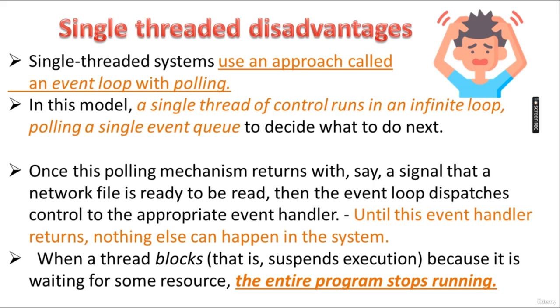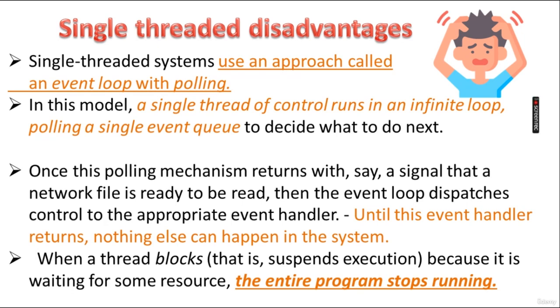Unless and until your entire file is downloaded, your system cannot do anything. It will wait, and after the entire PDF file is downloaded completely, it will return the control to the appropriate event handler. And until this event handler returns, nothing else can happen in the system.